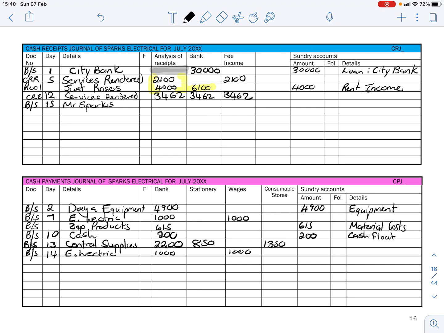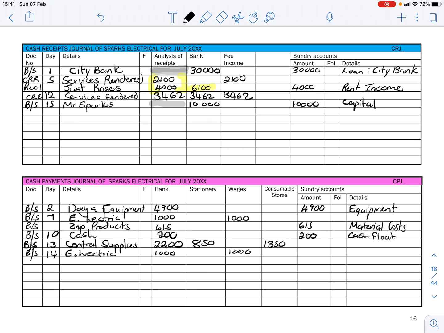Okay. We leave analysis blank because again, it's been a direct deposit. Okay. The amount was 10,000 Rand that Mr. Sparks instructed his banker to move, and that means when the owner contributes money towards a business, it is called capital. So under sundry, we have our detail, capital.